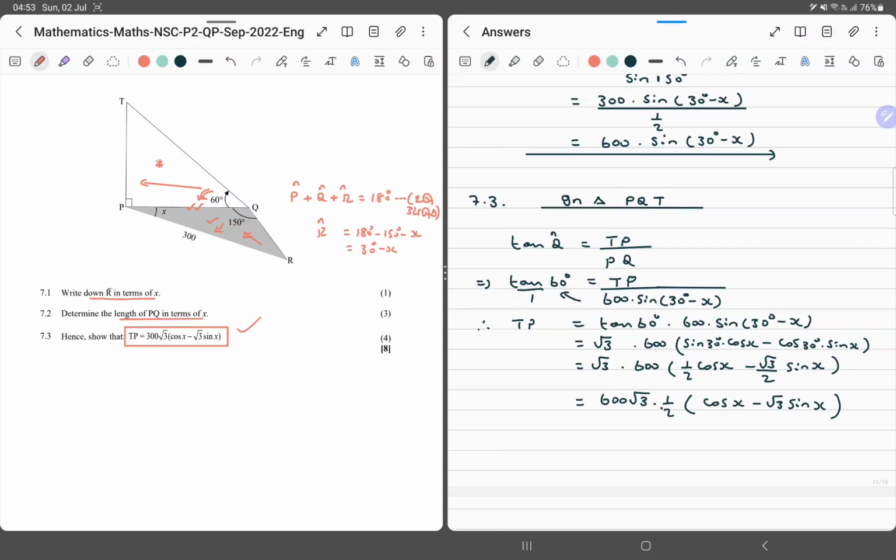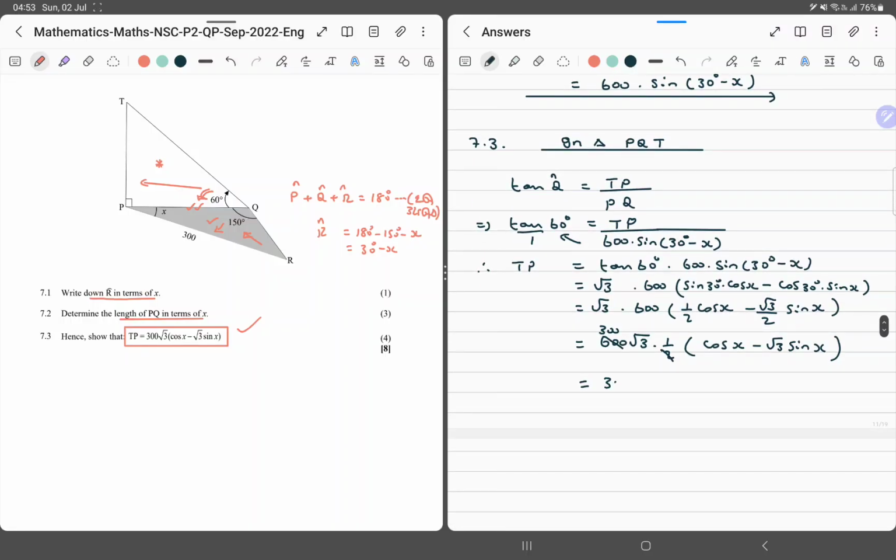So we know that this dude will do a number to that one, so that we have 300 root 3 into cos x minus root 3 sine x. Okay, and that's it. That's it, guys. We've proven it. Nice and easy.